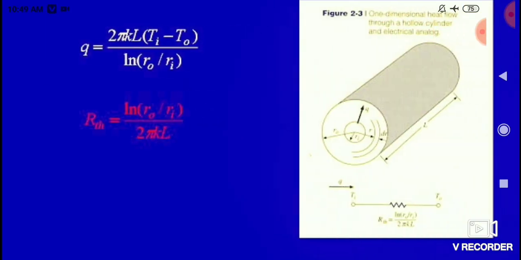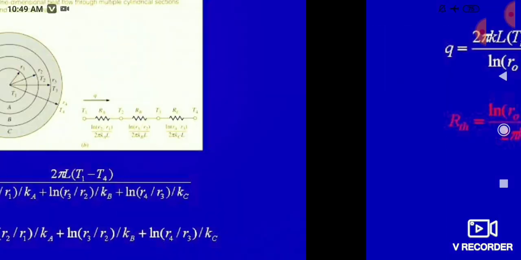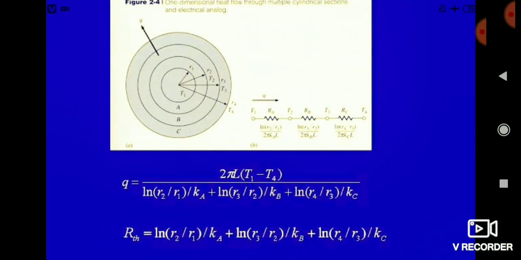Here you can see that the resistance for one cylinder is ln R2 by R1 divided by 2 pi k L. Friends, it is given that the length L is the same for all the cylinders; mostly questions are asked on this only.